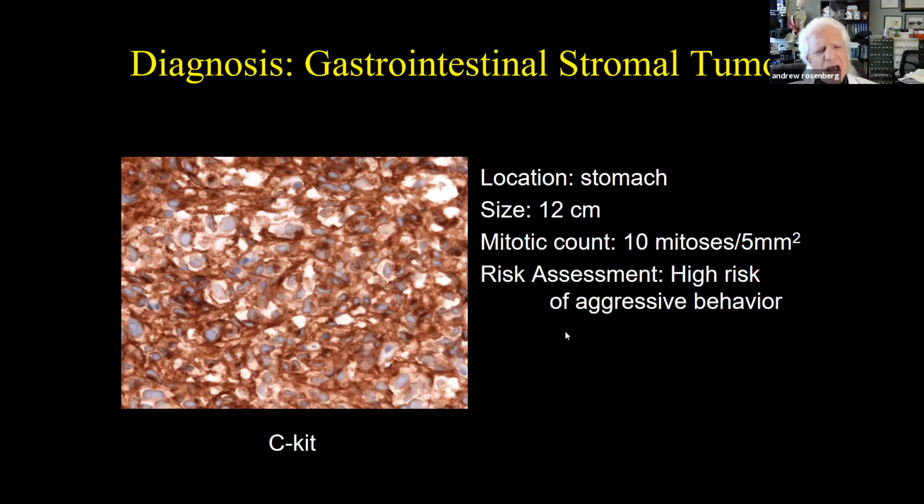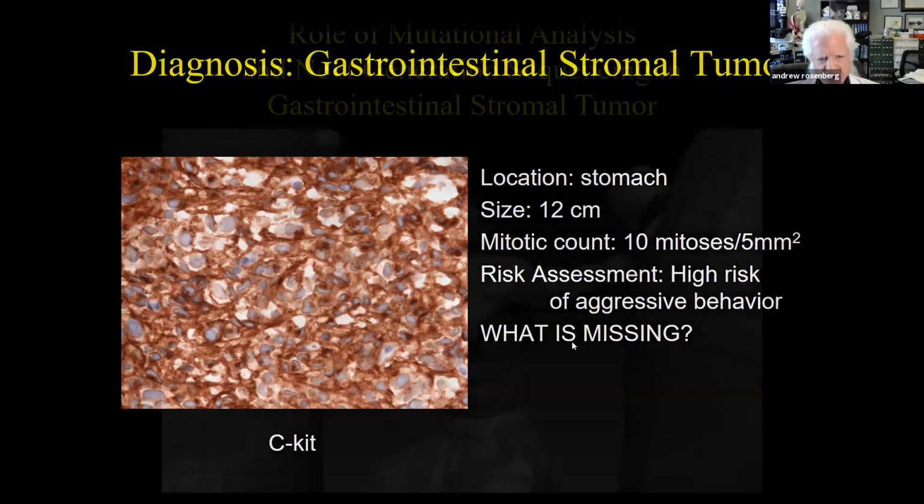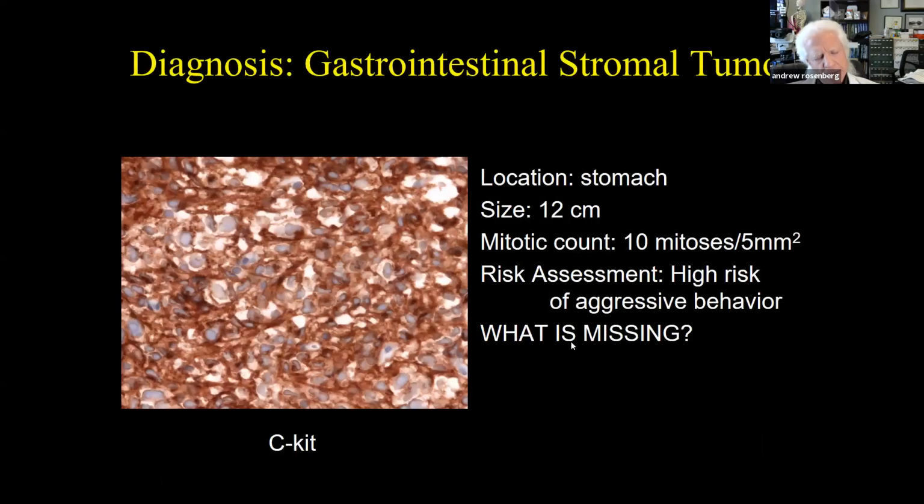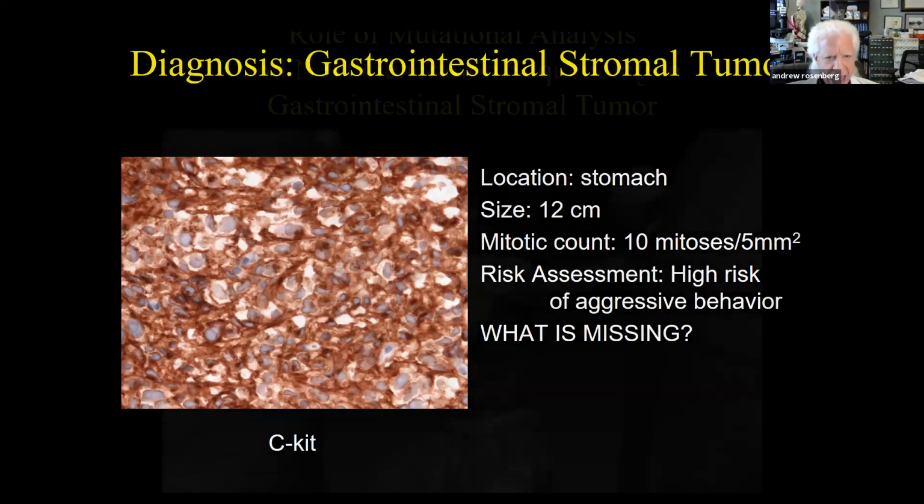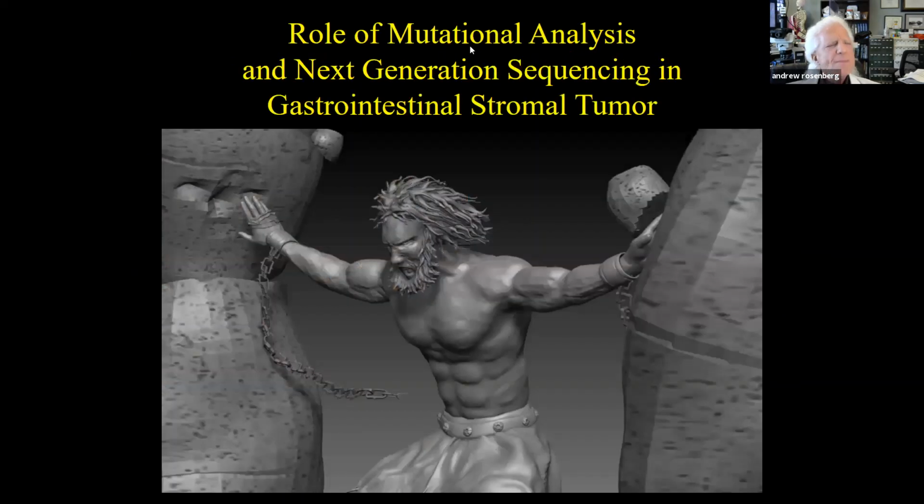But is this enough information for the current modern treatment of gastrointestinal stromal tumors? And so the question is, what is missing? And as all of you can answer it, it is the mutational abnormality of this particular tumor. Remember, it is the mutations that are occurring within the normal cell that gives rise to the cancer.